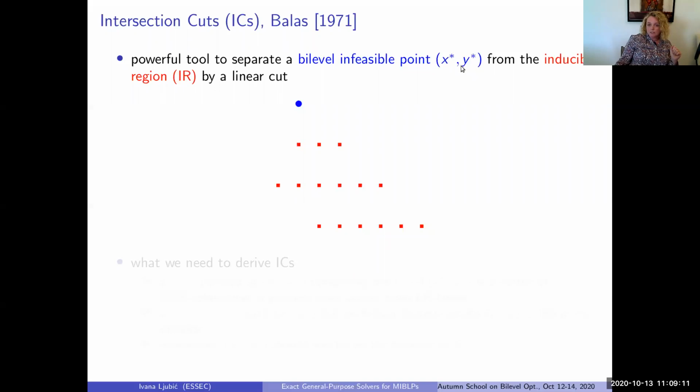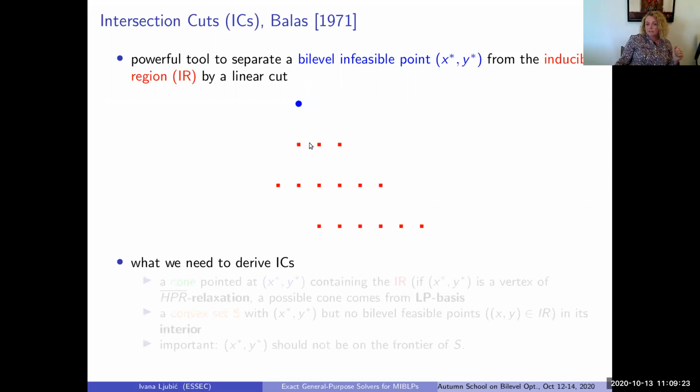And so intuitively, let us say that this inducible region, which means the bilevel feasible points, are represented by these red points here, and that we have another point, X star, Y star, and don't forget, if we solve the HPR relaxation, and for simplicity, let's say we deal only with discrete variables, this point will be also a discrete point.